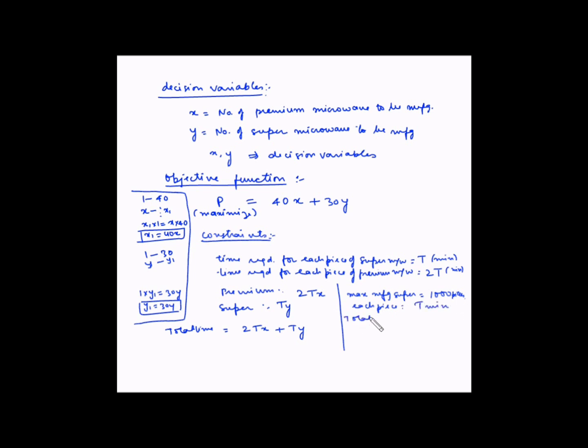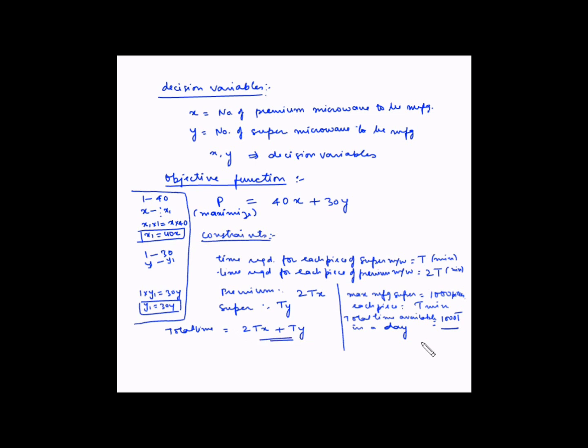The total time available in a day is equal to 1000 multiplied by T. So this is the constraint in terms of time, that the total time available in a day is 1000 multiplied by T. And if we are manufacturing a combination of super and premium, then we already arrived at this equation that the total time is 2tx plus ty.